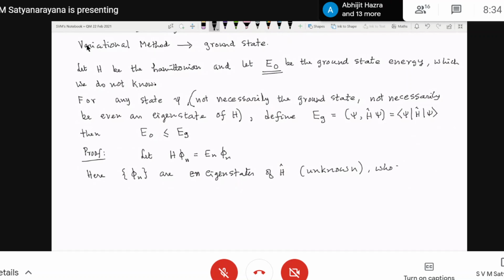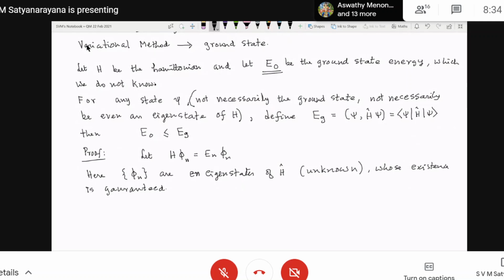whose existence is guaranteed. What guarantees this existence? Because H is a Hermitian operator, the eigenstates of every Hermitian operator exist. Not only that, they will form a complete orthonormal set of states.